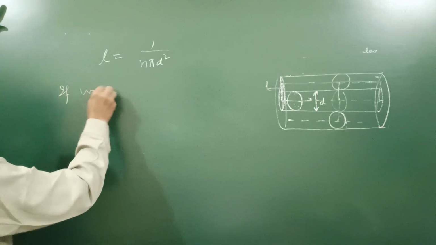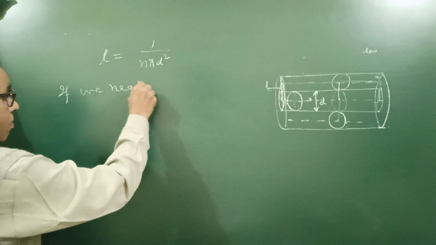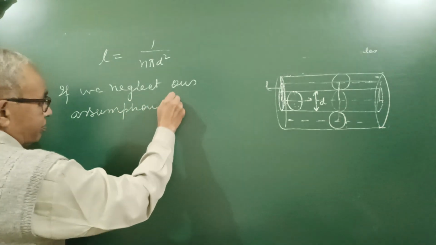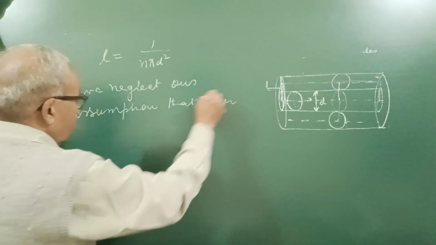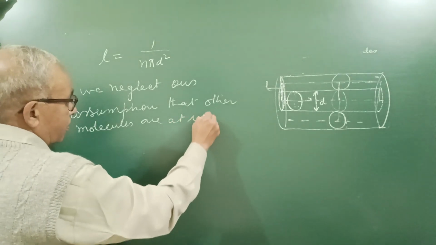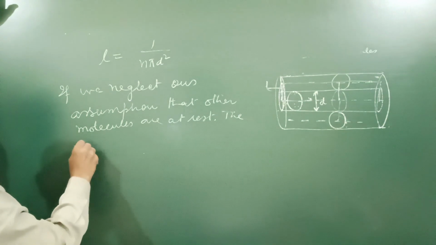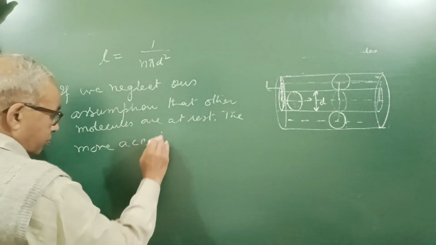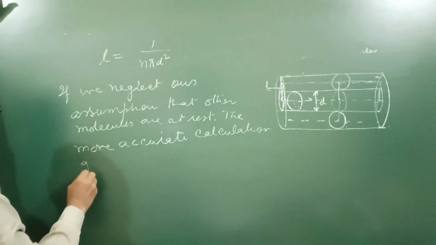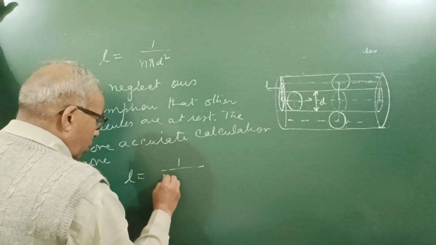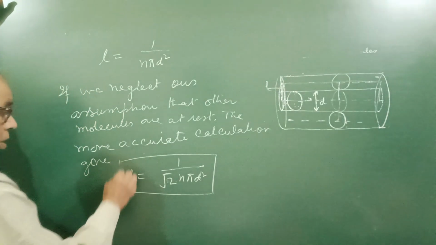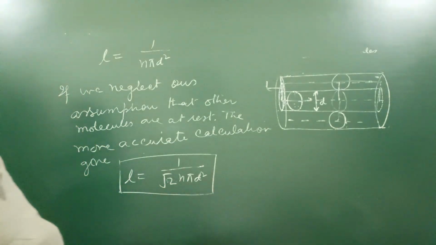If we neglect our assumption that other molecules are at rest, then more accurate calculations give L equal to 1 upon root 2 n pi d square. Here n is the number of molecules per unit volume.